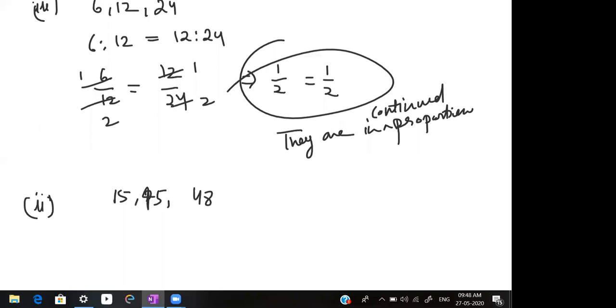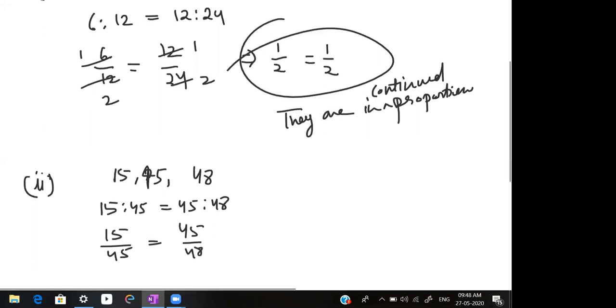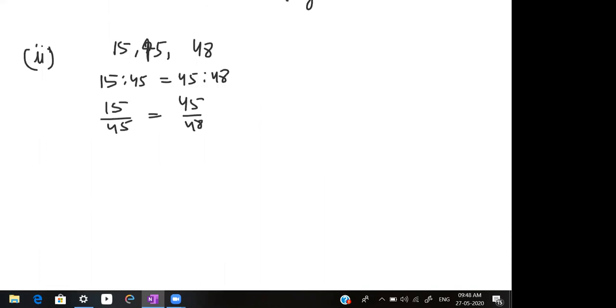Now 15 ratio 45 is equal to 45 ratio 48. So what are you going to say about it? 15 upon 45 is equal to 45 upon 48. Can you say that these are in continued proportion? So 5 threes are 15, 5 nines are 45, so 1 upon 3 on this side.